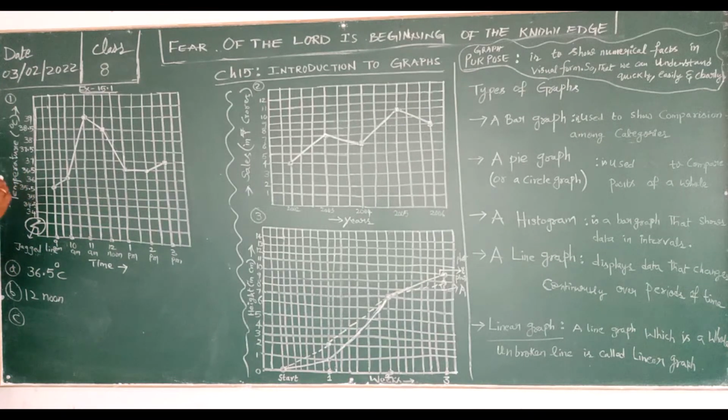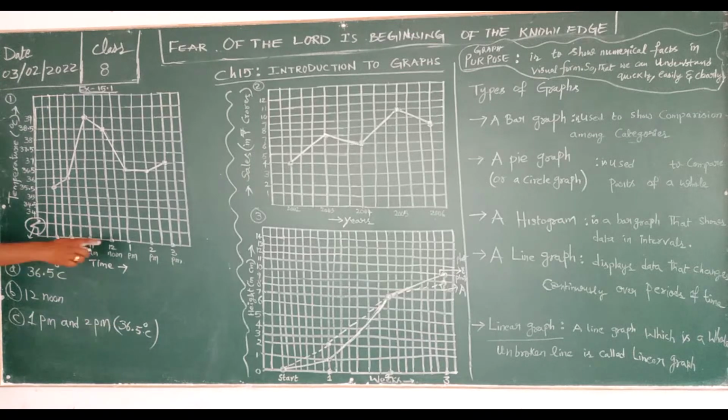So what can we write now here? 1 p.m. and 2 p.m. At these two points, the temperature is the same. So now you can write 1 p.m. and 2 p.m. in brackets, right. What was the temperature? 36.5 degrees Celsius.